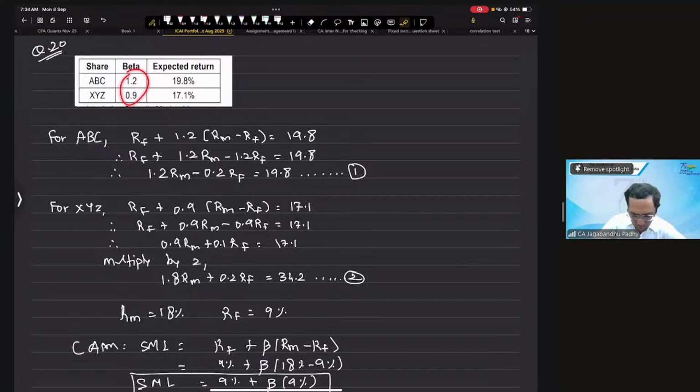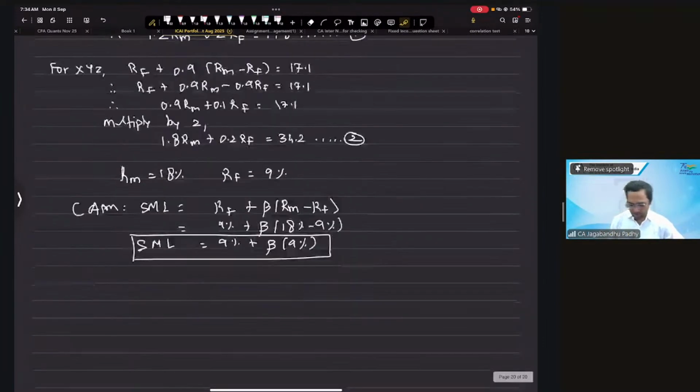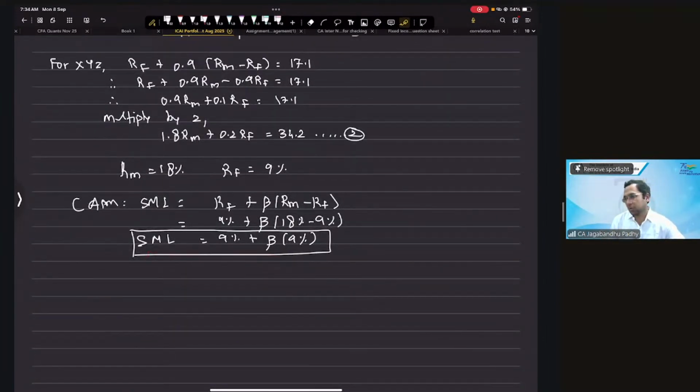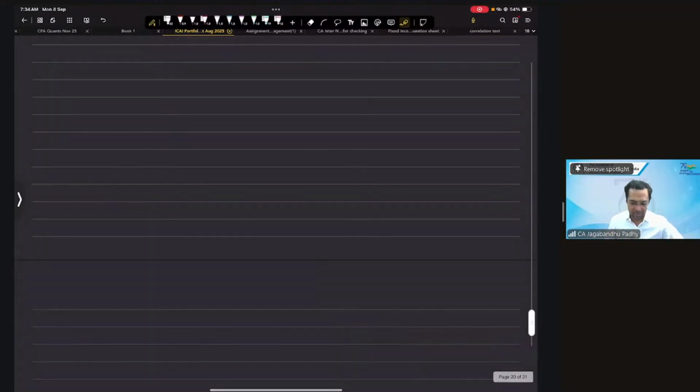We wanted to know RM and RF so that we frame the equation. If you want the return for any company, we can simply substitute the beta of that company and get the return of that company. Okay, so let us take up the next model, because we're through with the CAPM.